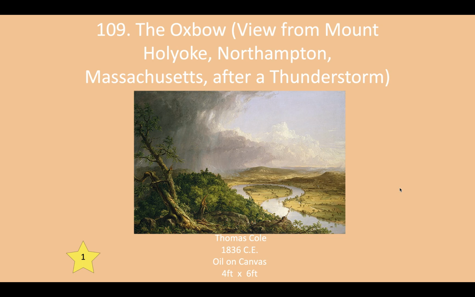And while this doesn't seem to be a painting about that, it is. It's a little bit hard to see until I break it down for you. And then once I do that, you're like, oh, I see it.